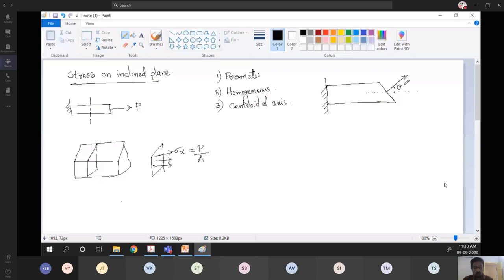It is measured as the angle between the outward normal n and the longitudinal axis, the x-axis. So basically, there is a plane inclined at an angle theta with respect to the longitudinal axis.